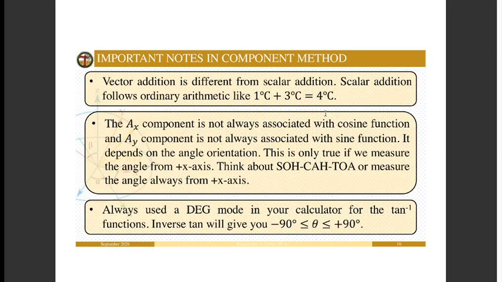The calculator you are using today must be in degree mode so that you get the degree version of your angle, because rad is radian mode. The inverse tan will always give you from negative 90 degrees to positive 90 degrees.